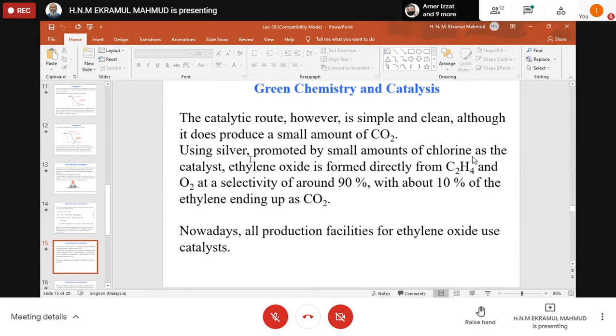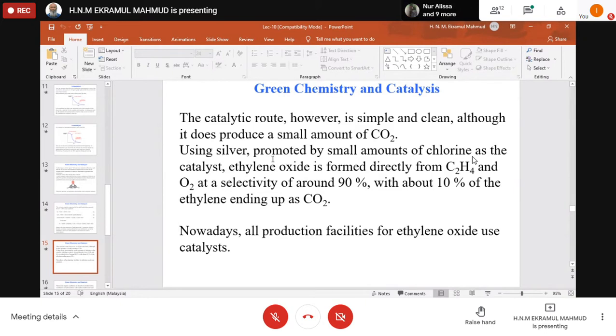So using silver promoted by small amounts of chlorine as the catalyst, ethylene oxide is formed directly from C2H4 and oxygen at a selectivity of around 90%, with about 10% of ethylene ending up as CO2. So this catalyst is in fact solving this problem.